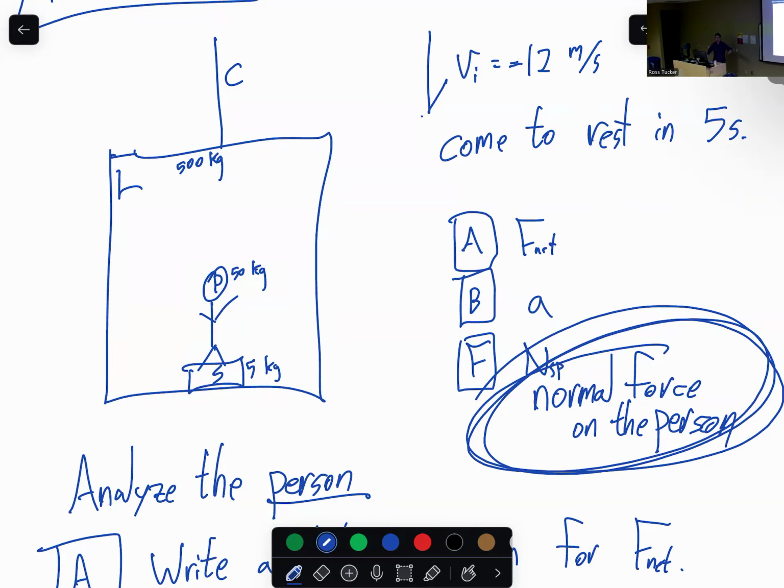But when you add a total force together, forces have direction, so you would include minuses.